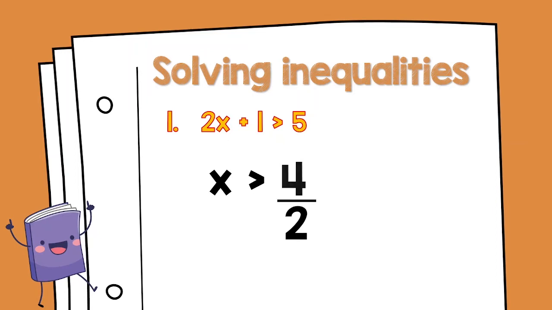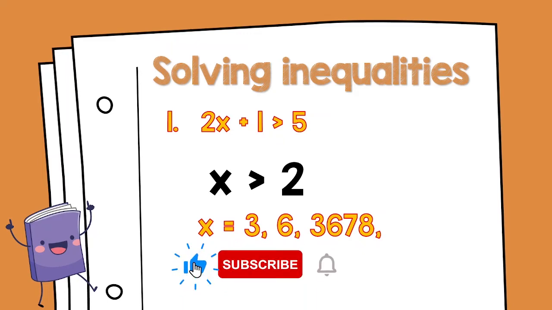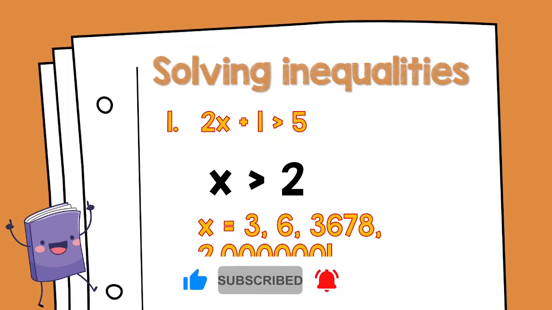So 4 divided by 2 is 2. So x is greater than 2. x can be any number which is greater than 2. x can be 3, 6, 3678, 2.00000001, right?